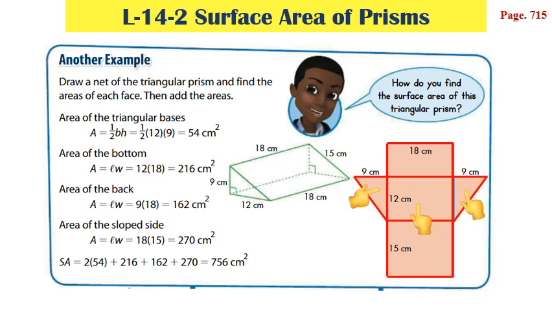Area of the back: A equals l times w equals 9 times 18 equals 162 square centimeters. Area of the sloped side: A equals l times w equals 18 times 15 equals 270 square centimeters. Surface area equals 2 times 54 plus 216 plus 162 plus 270 equals 756 square centimeters.